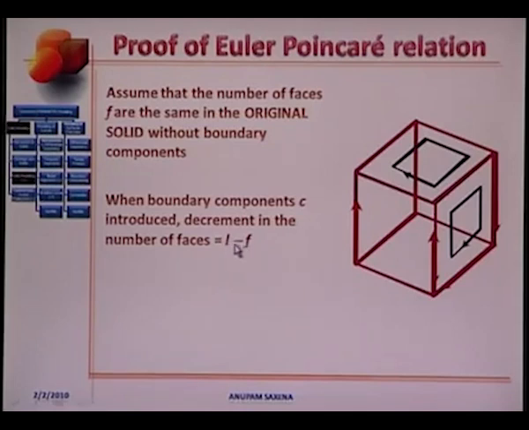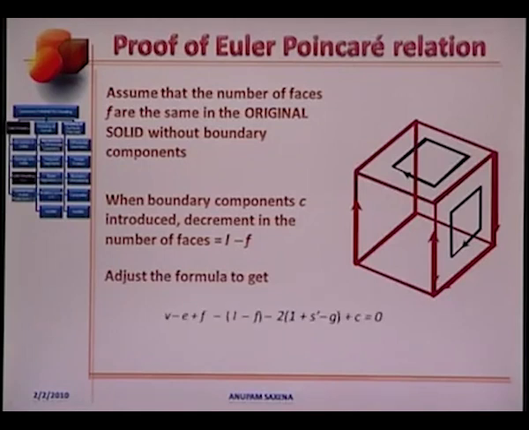And this difference, L minus F, will be the same as C. Once we know that, we can adjust the Euler-Poincare relation as this: V minus C plus F minus, within parenthesis, L minus F minus 2 times, within parenthesis, 1 plus S prime minus G plus C.